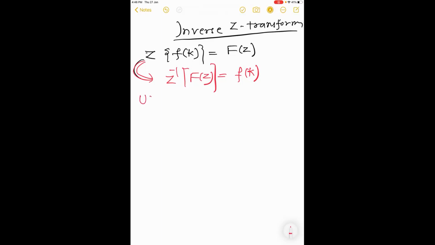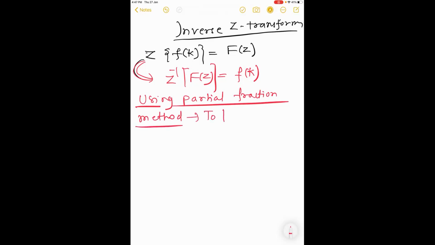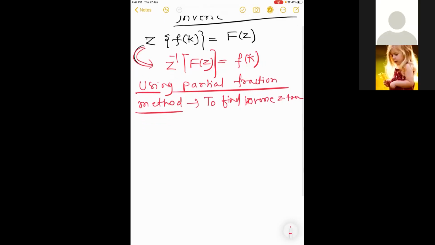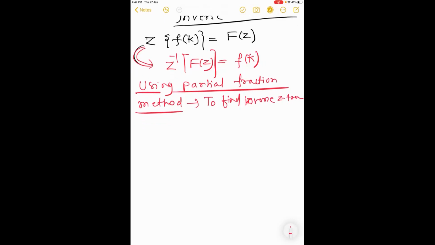So using the partial fraction method, we'll find the inverse Z transform. Now, many of you have studied partial fractions in your 11th and 12th school level, so maybe you remember, but anyway, I'll give you a note for that and how we can use it when solving the inverse calculations.